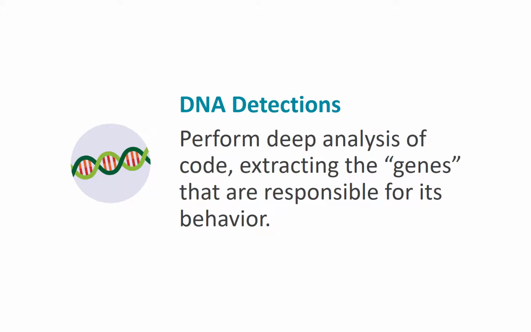Such behavioral genes contain much more information than the indicators of compromise, IOCs, that some so-called next-gen solutions claim to be the better alternative to signature detection. ESET's behavioral genes are used to construct DNA detectors, which assess potentially suspect code, whether it's found on the disk or in the running process memory.